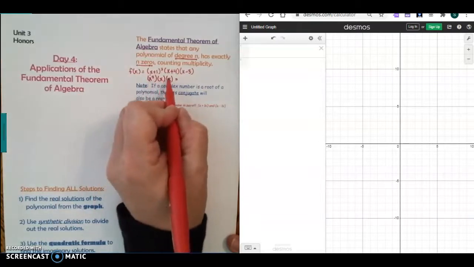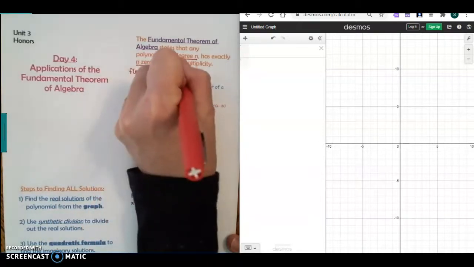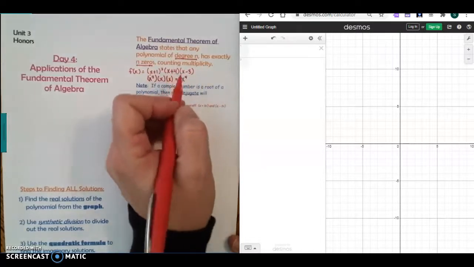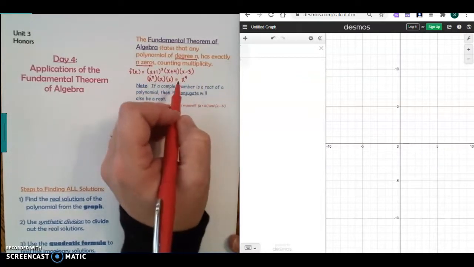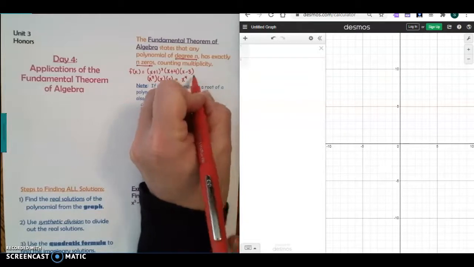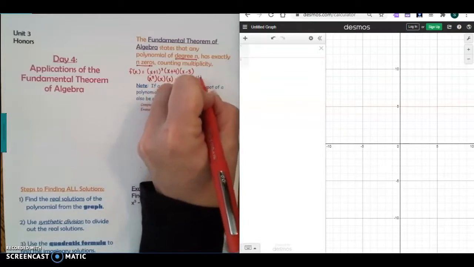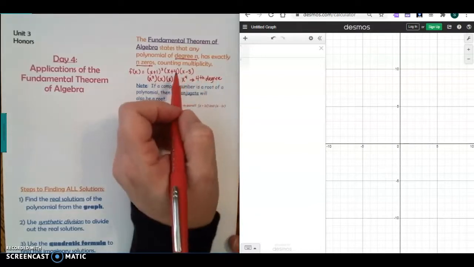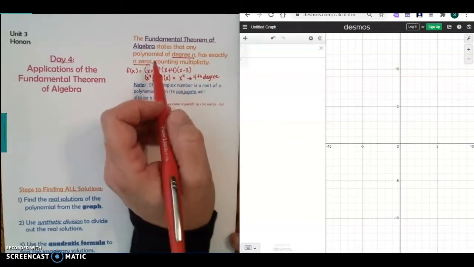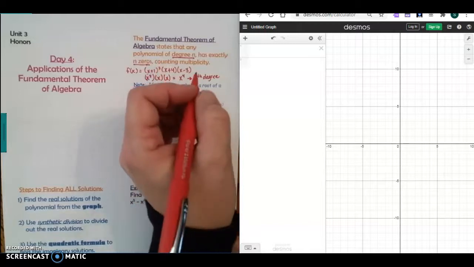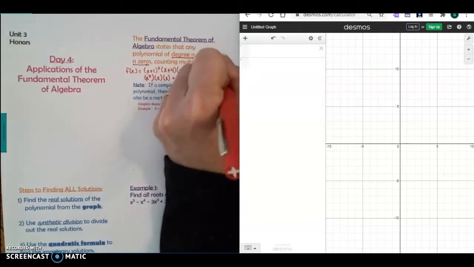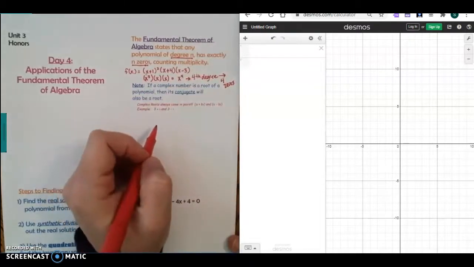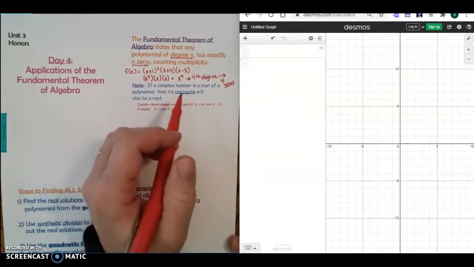So if I add all of my exponents, that would give me x to the fourth. Now that's not the solution to that if I multiplied it. I'm only looking at the x's to find the degree. So this is a fourth degree. Therefore, based on the fundamental theorem of algebra, that means it's going to have 4 zeros, or 4 solutions, 4 roots, okay?